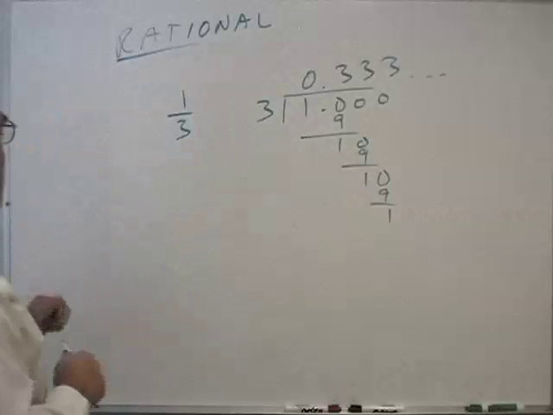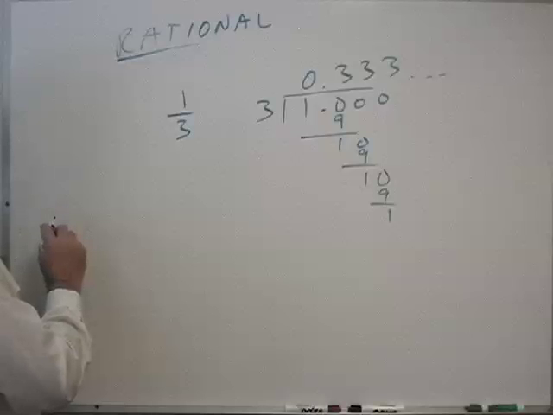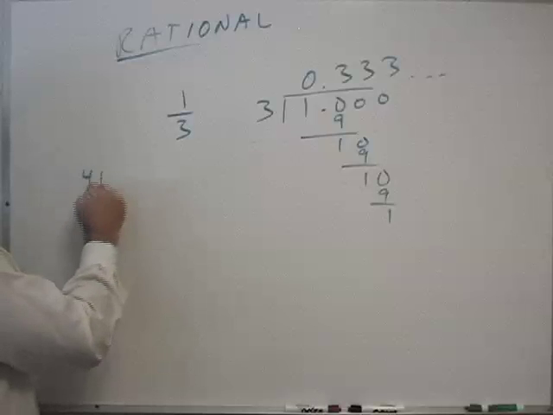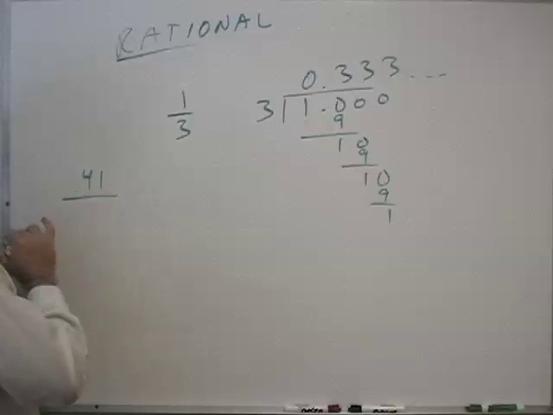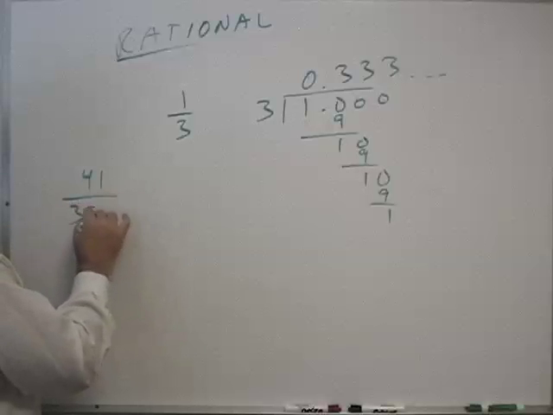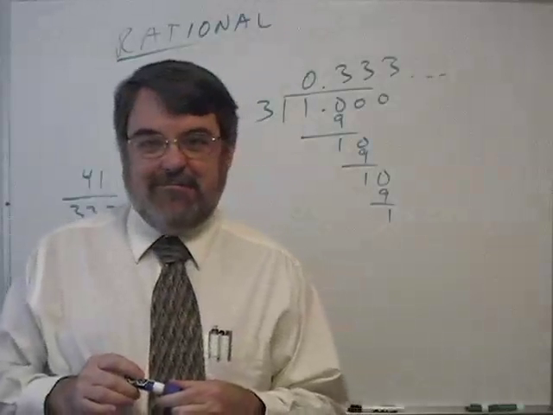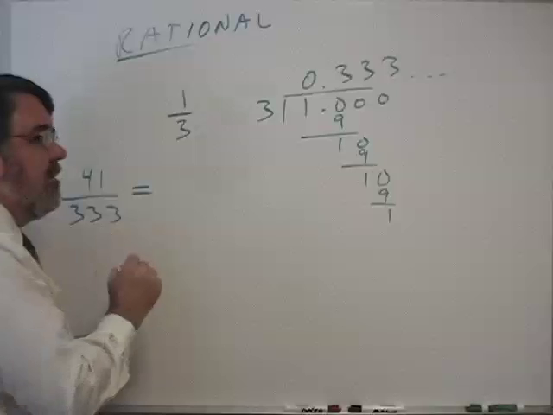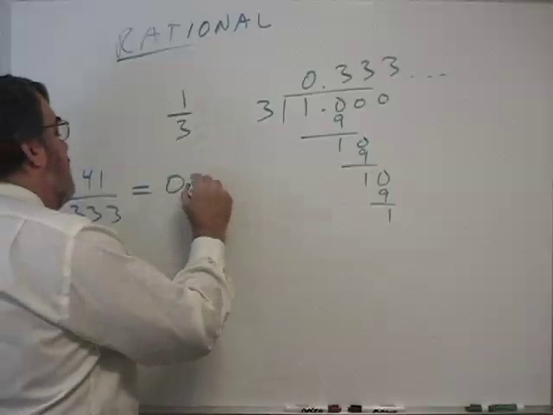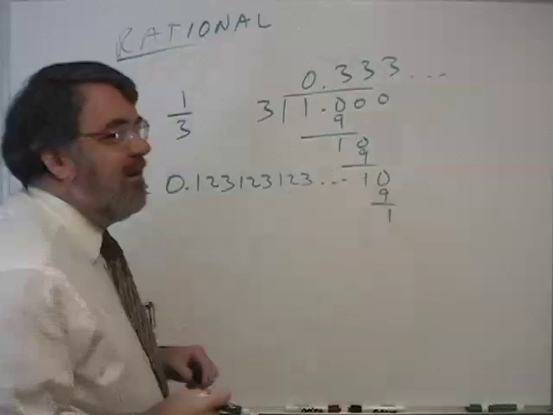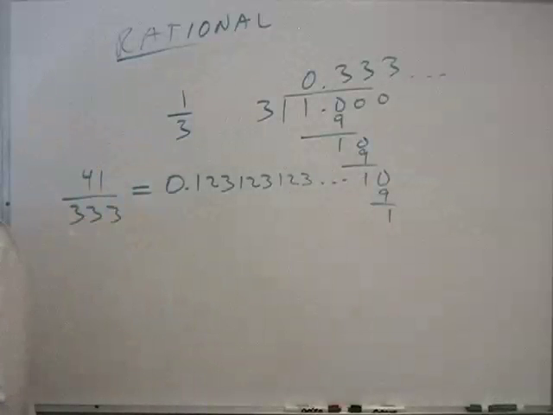Here's one I kind of like. It is 41 over 333. And if you divide that out, you're going to get 0.123123, and it just repeats on and on and on.